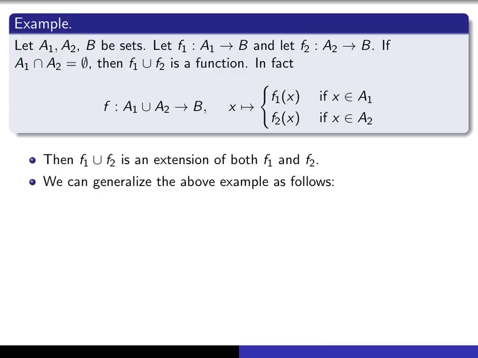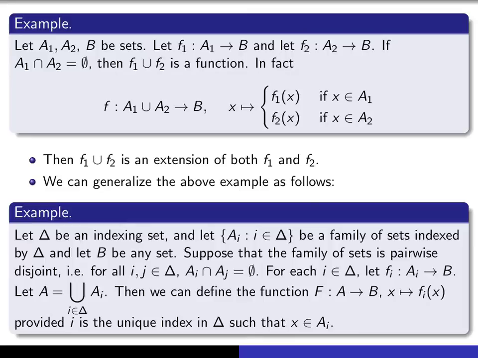But in fact, we can do that for even an indexed family of functions. So that's what I'm going to illustrate with the following example. Suppose we have an indexing set delta, and we have an entire family of sets that are indexed by that delta, and we'll give ourselves B any set. I'm trying to generalize this whole formalism up here, but instead of just giving myself two sets, I'm giving myself an entire indexed family of sets.